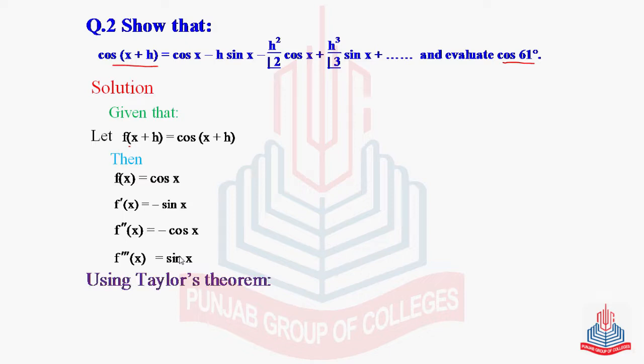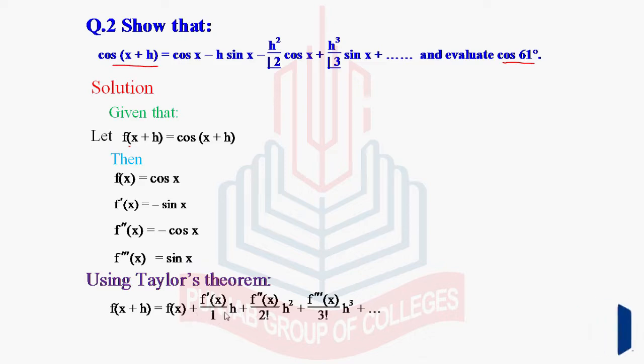Using Taylor theorem, f of x plus h is equal to f of x plus h f dash x divided by 1 factorial, which is 1, plus h square double derivative over 2 factorial, similarly third derivative h cube divided by 3 factorial, and so on.